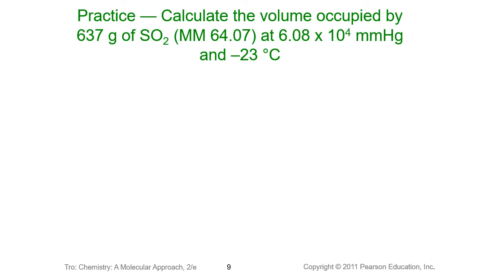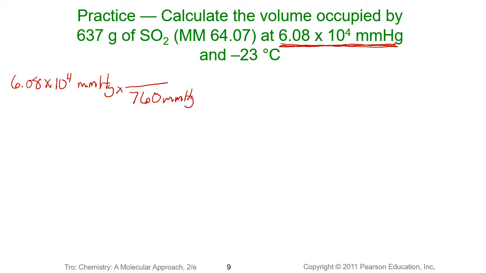Here's a problem for you to try to find the volume of the gas. Please pause the video and try to calculate the volume. If we look at the variables that were given, we see that we've got a pressure. We know that from the units, so we want to convert our pressure into atmospheres. This is an important conversion to remember. 760 millimeters of mercury is 1 atmosphere.